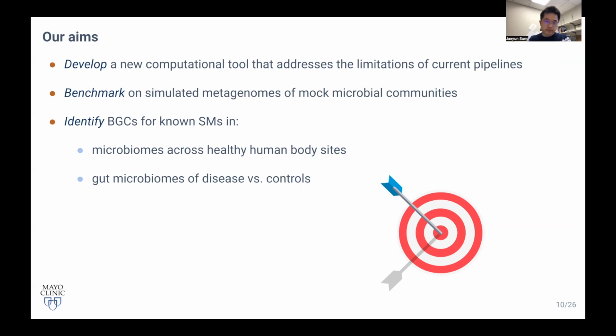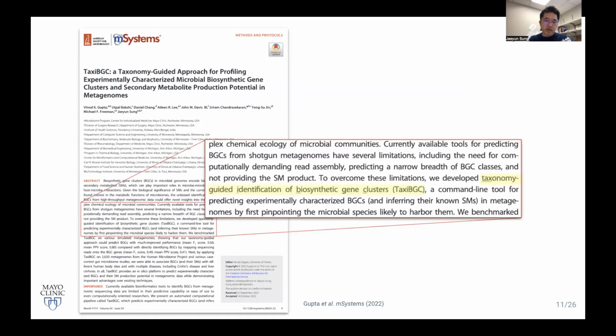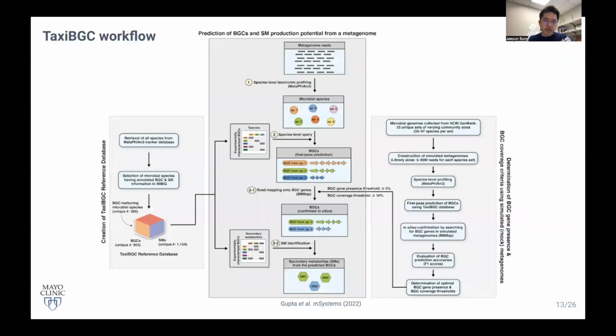So first, we made TaxiBGC, which stands for Taxonomy-Guided Identification of Biosynthetic Gene Clusters, which is a command line tool for predicting experimentally characterized BGCs and inferring their known SMs in metagenomes by first pinpointing the microbial species likely to harbor those BGCs. So the intuition of TaxiBGC works like this.